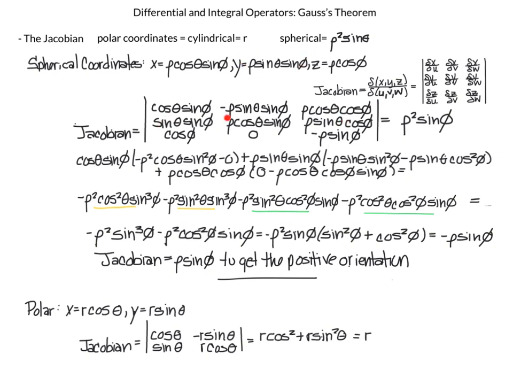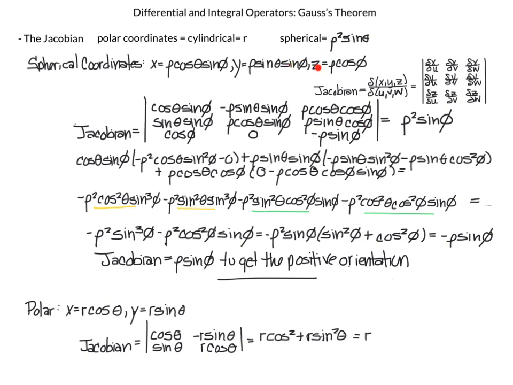For the second row, we go to the second coordinate, and we take the partial derivative, again with respect to rho, theta, and phi, and we'll get sine theta sine phi. Partial derivative with respect to theta, we'll get rho cosine theta, this will stay sine phi, and then partial derivative with respect to phi, we get rho sine theta, and the sine phi will become cosine phi.